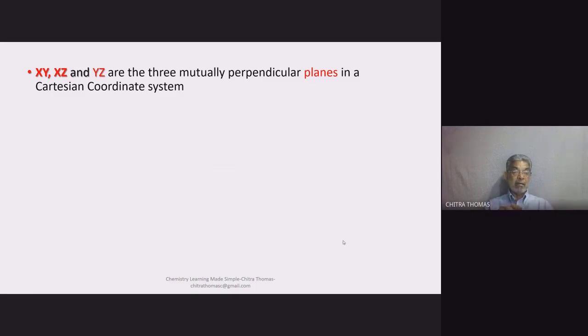But the planes are two-dimensional figures. So they should be represented by what? Two letters: XY, XZ, and YZ. So XY, XZ, and YZ are the three mutually perpendicular planes in a Cartesian coordinate system. So we start with X: XY, XZ, then YZ.